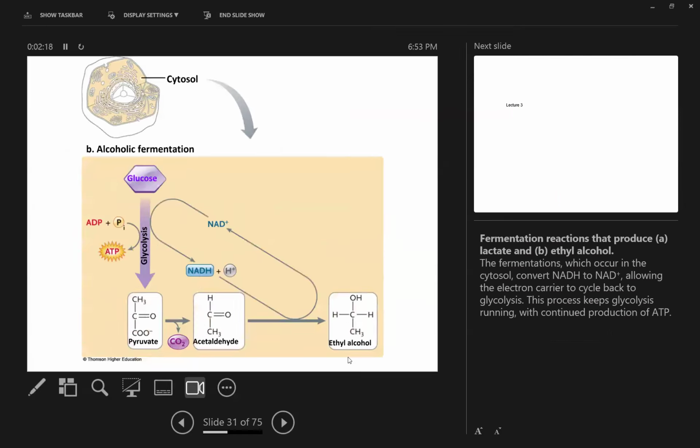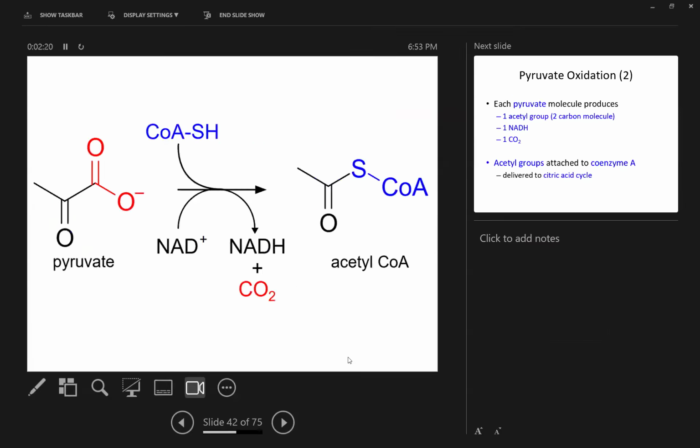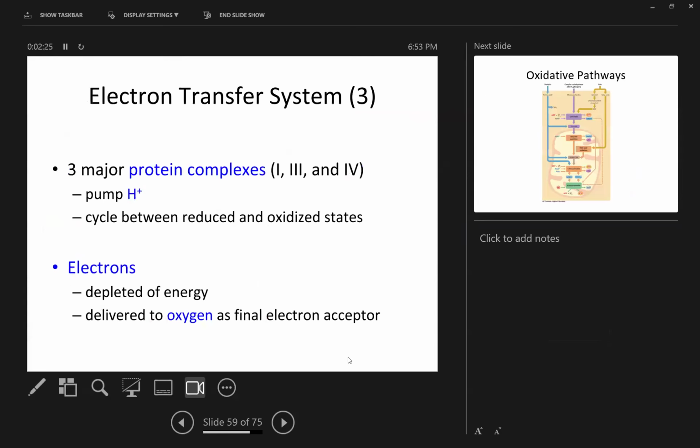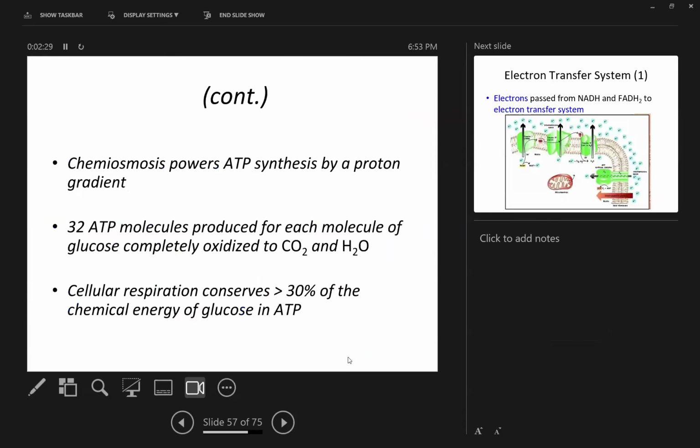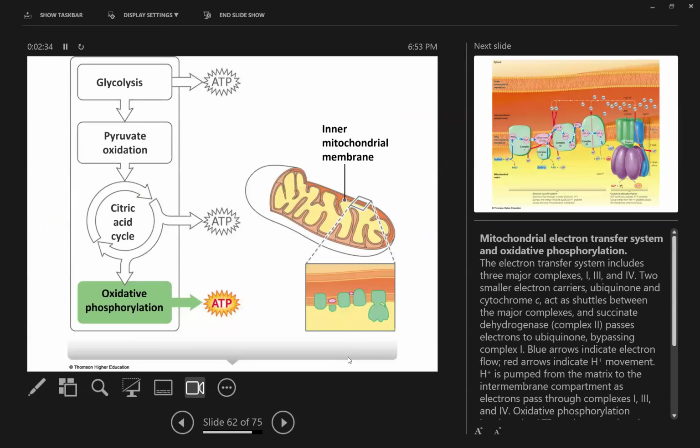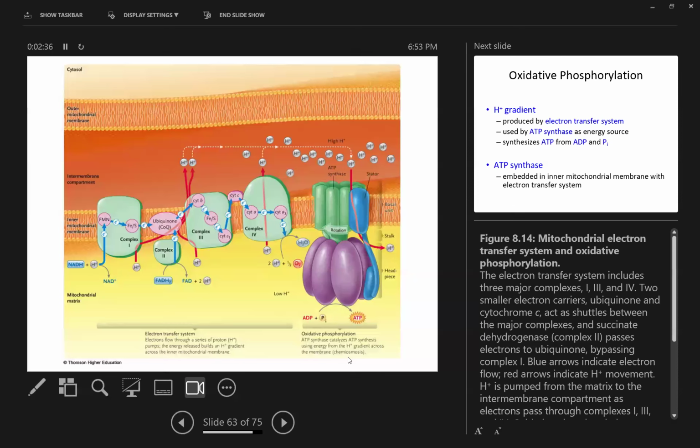Okay, so I think I am good to end. I really don't want to start the last two, but for those of you that have not done this in a while, try and look at this stuff briefly, especially this chart right here. This is showing the proteins that are embedded in that inner membrane, and this is where you get that separation between the matrix and the intermembrane space.